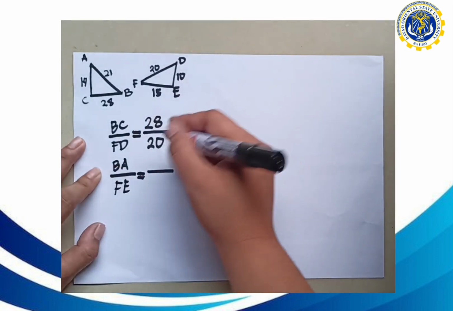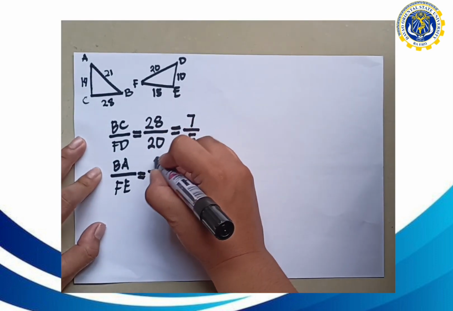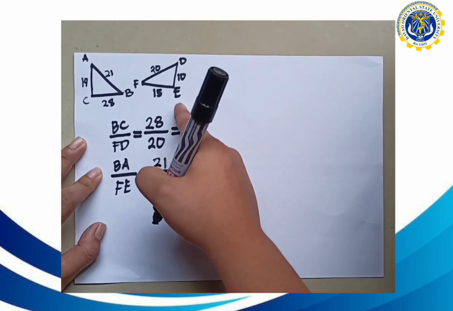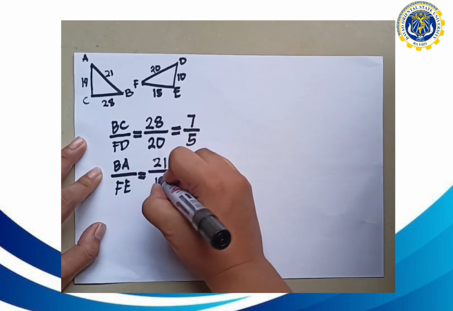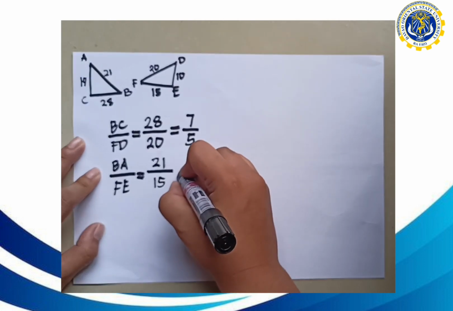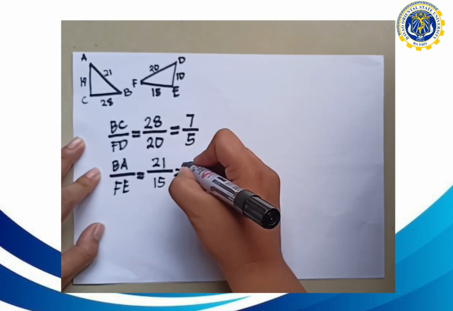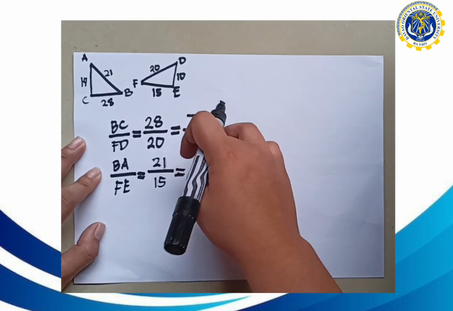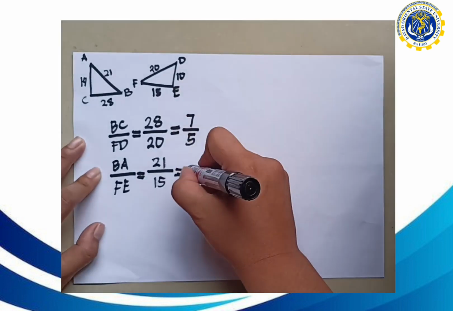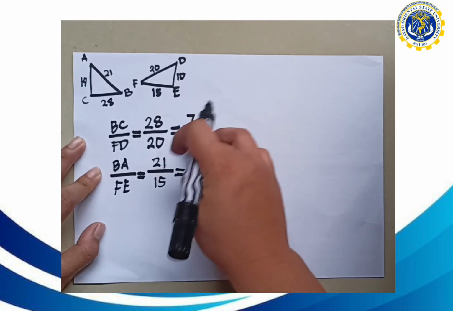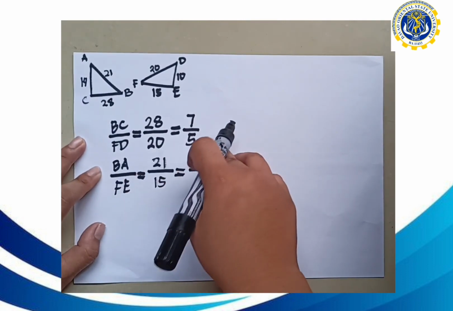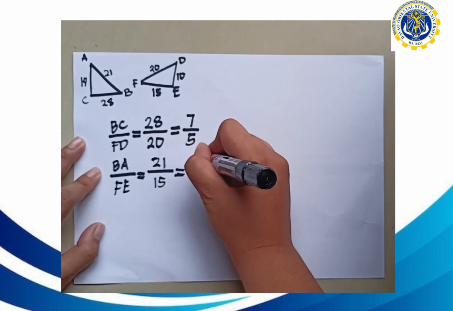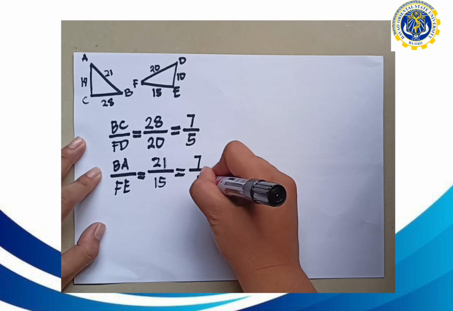For BA, we have 21, and for FE, we have 15. Then same as above, reduce this number, and we have 7 over 5.